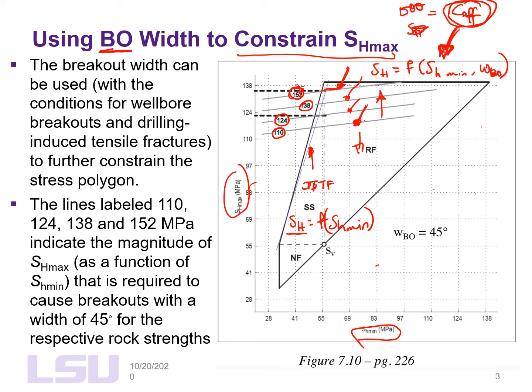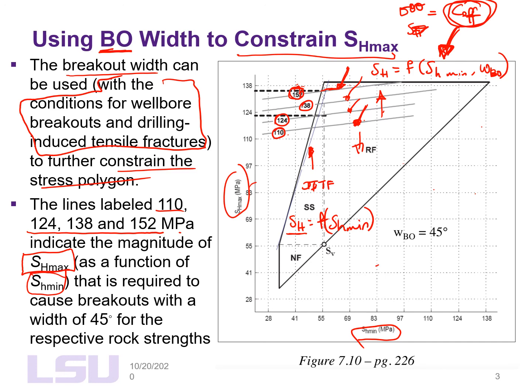And so the summary is we can use the breakout width together with those equations we saw 2 slides ago to further constrain the stress polygon. I already explained that these are different rock strengths and they give you different lines for different SHmax as a function of SHmean, which is precisely the equation for these lines.